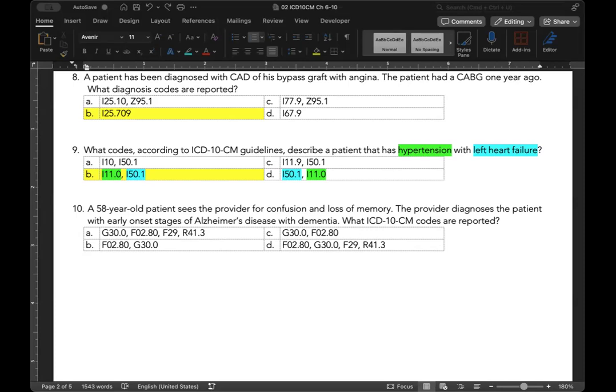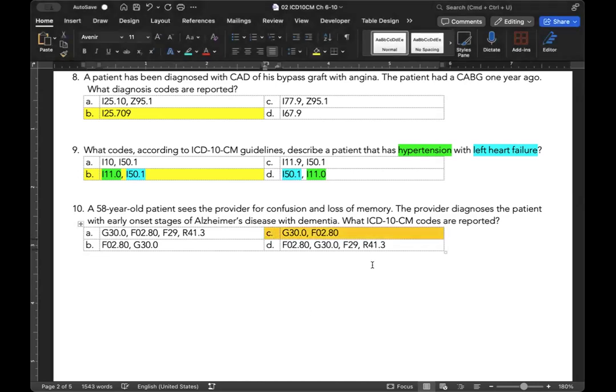So the F02.80 is dementia in other diseases classified elsewhere, specified or unspecified severity, without behavioral disturbance, psychotic disturbance, mood disturbance, and anxiety. So in our alphabetic index, if we have those two codes, one is without brackets, the second one is in brackets, we are required to report them in that specific order.